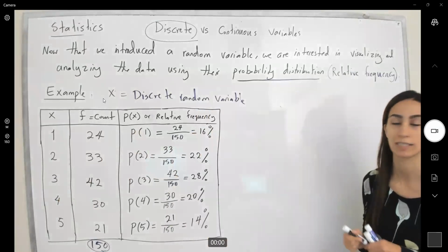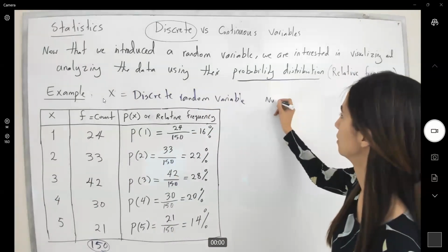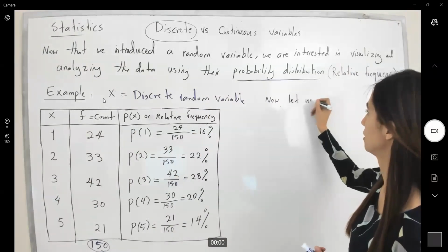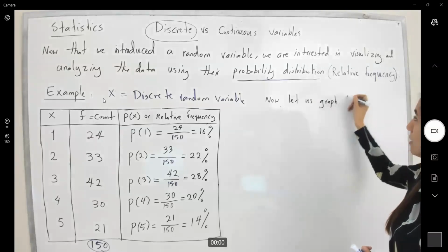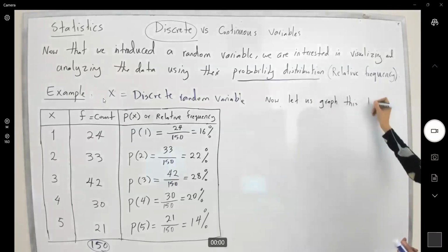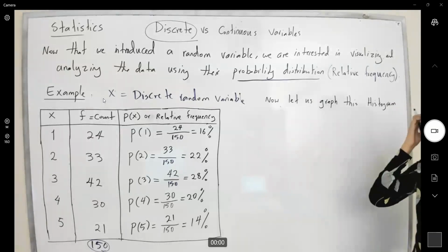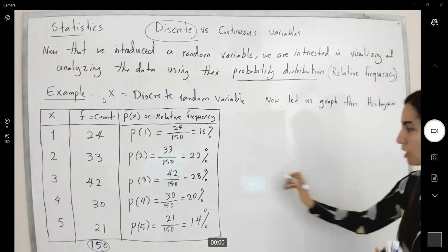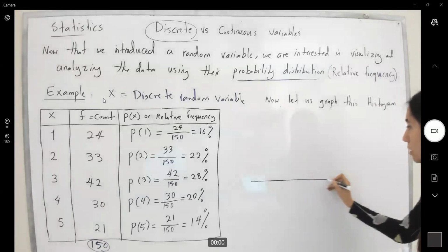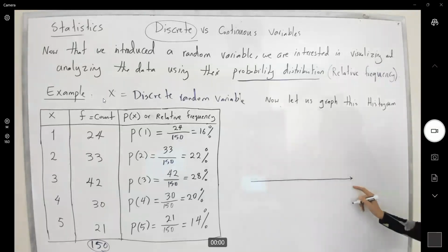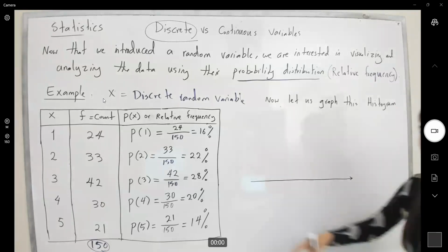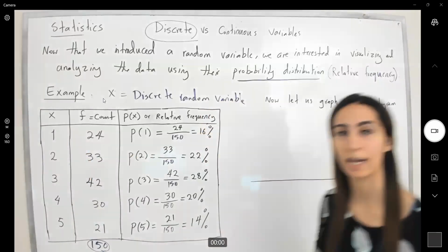So how do we visualize that? Now, let us graph this histogram. Remember that for a histogram, we start by having a horizontal line. We're going to have classes, but in this case, instead of classes, you're going to have your x values.